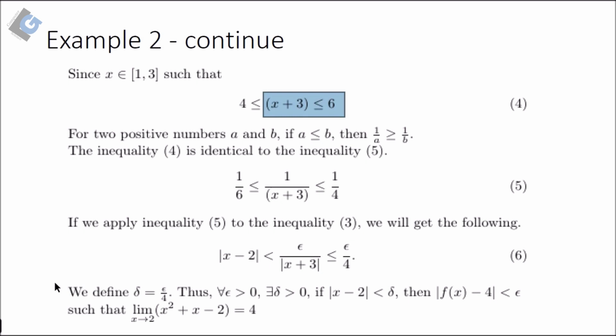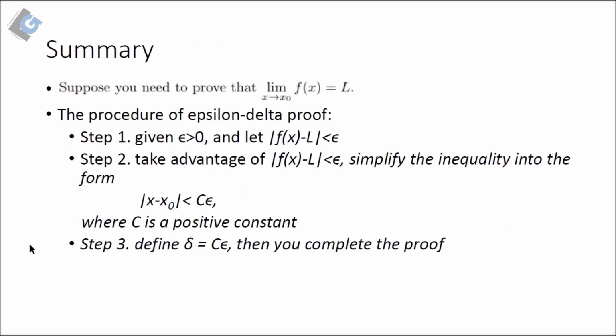If the absolute value of x minus 2 is less than delta, then the absolute value of f(x) minus 4 is less than epsilon. So therefore, we prove the limit of the function f(x) is 4 when x approaches 2. Simple, right? So let me do a summary.